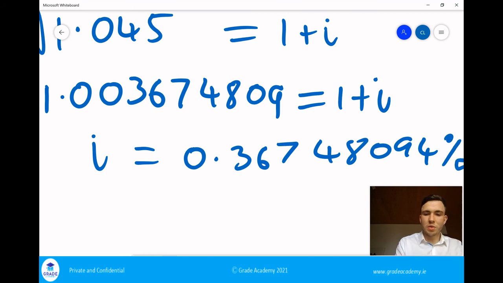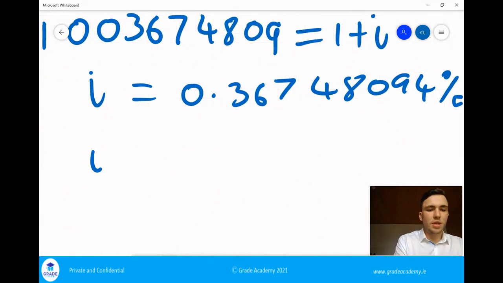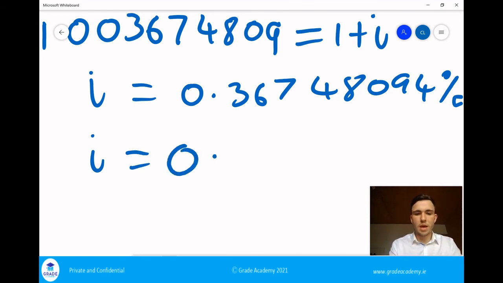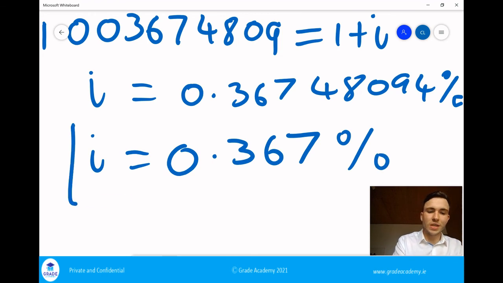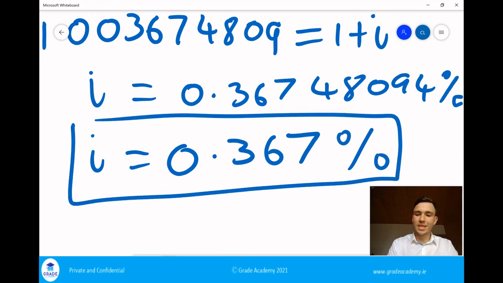And again, correct to 3 significant figures, so again 3 non-zero figures. Here's one figure, but it's a 0, so we don't count that. So we're going to have 1, 2, and 3. And obviously I don't have to round up the 7 because it is a 4 after. Okay, so that would be our interest rate to 3 significant figures.